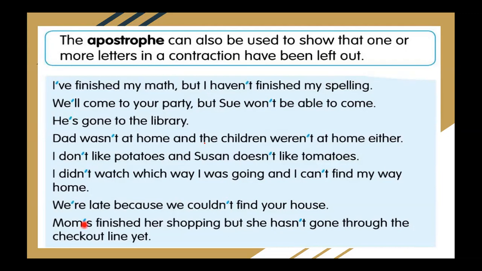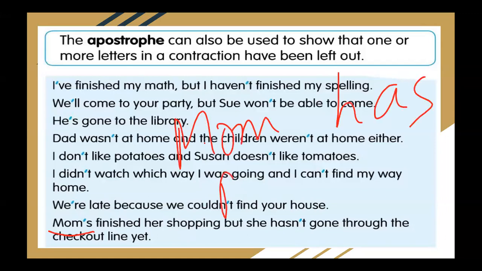Now see over here, you have understood this, right? How we form contractions. But here, see down. Mom's finished her shopping. Mom has becomes mom's. Pay attention. What is the contraction over here? Here a name is mentioned, right?